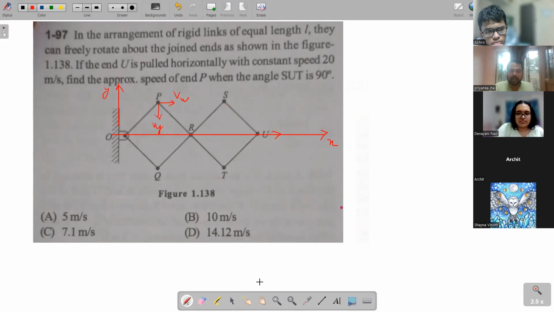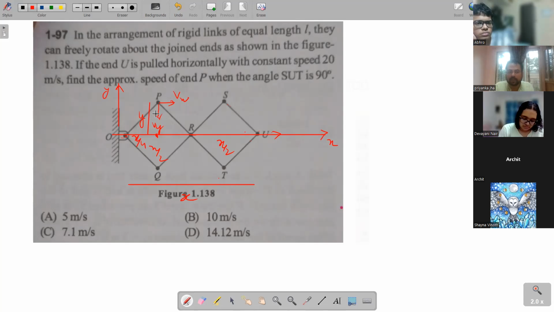At any moment, let's assume that this complete distance is x and this distance is y. So the distance of P from the x-axis is y, and this complete distance is x. Half of this would be x by 2 and this would be x by 2. Taking half again from here would be x by 4. Understood?